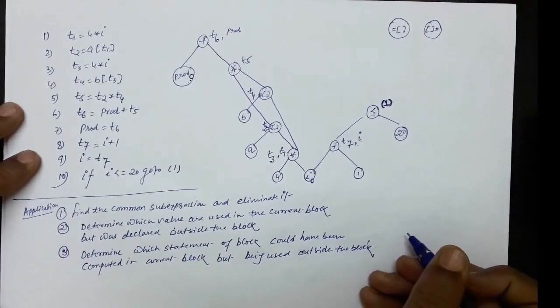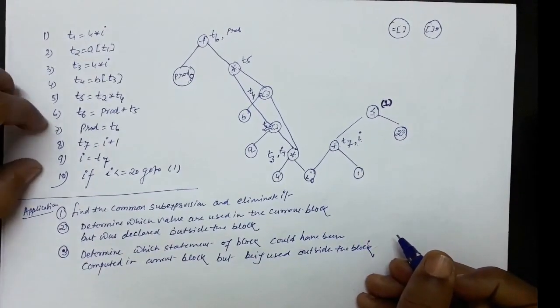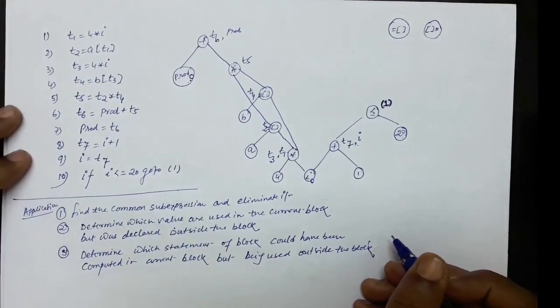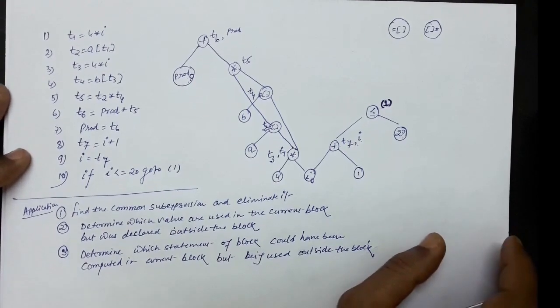So one of the variables is assigned a value here but is being used somewhere else. Okay, so these are the three applications of this.